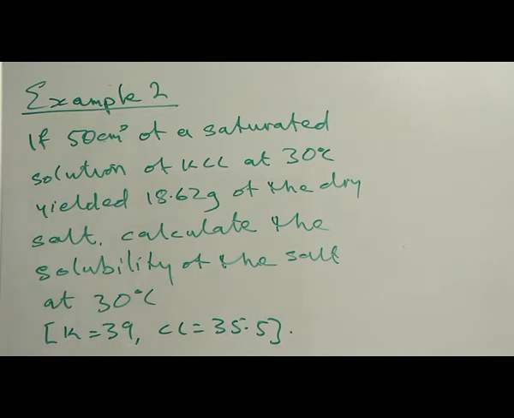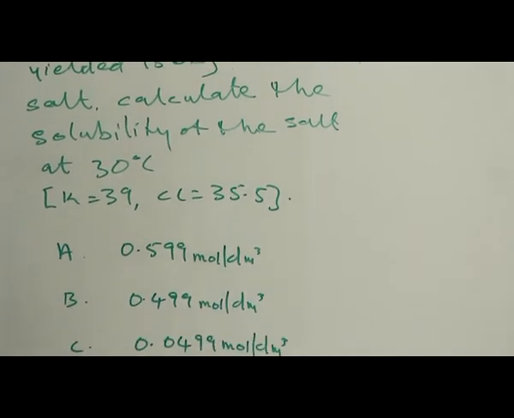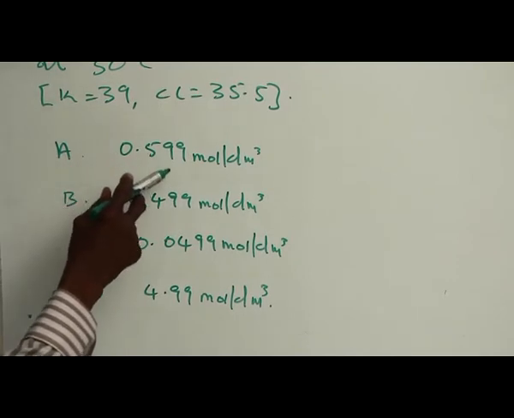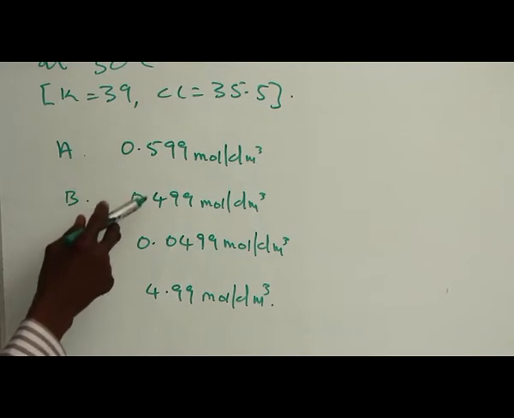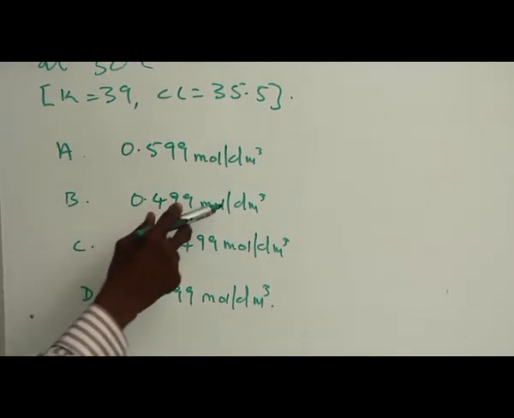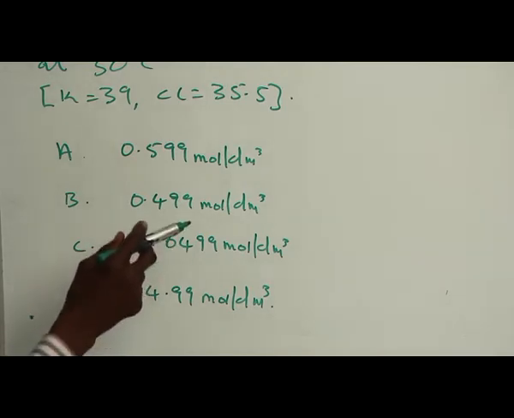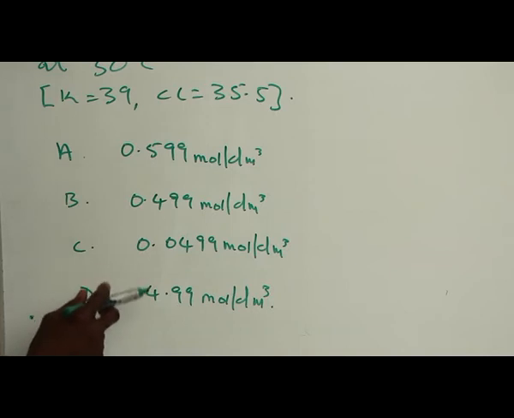We are given the relative atomic masses: potassium is 39, chlorine is 35.5. The options are as follows. A, 0.599 moles per dm cube. B, 0.499 moles per dm cube. C, 0.0499 moles per dm cube. And D, 4.99 moles per dm cube.